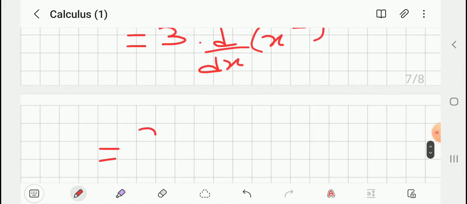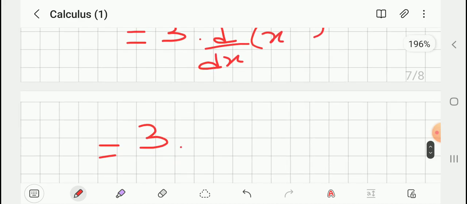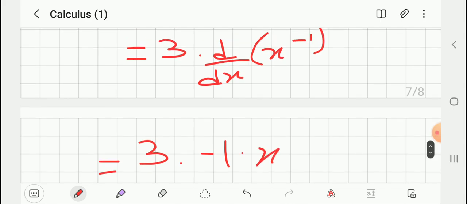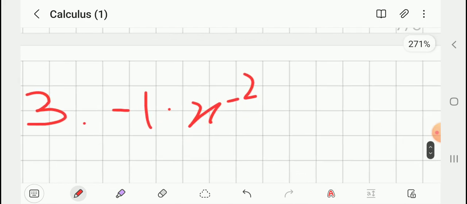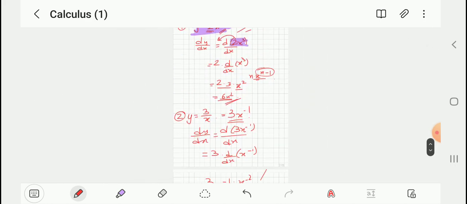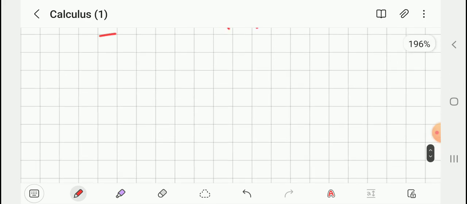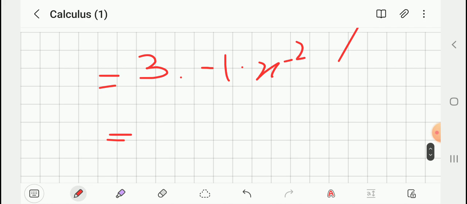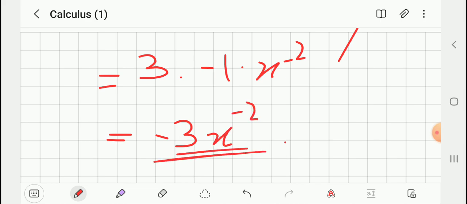Here n is minus 1, it comes out, x stays, and minus 1 minus 1 is minus 2. I use the same formula again. So it is minus 3x to the power minus 2. This is the final answer.